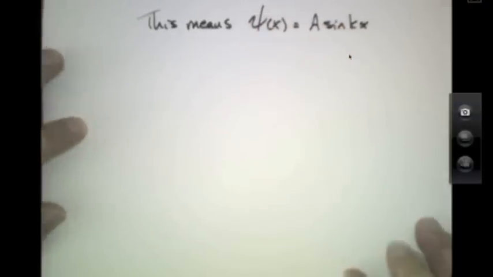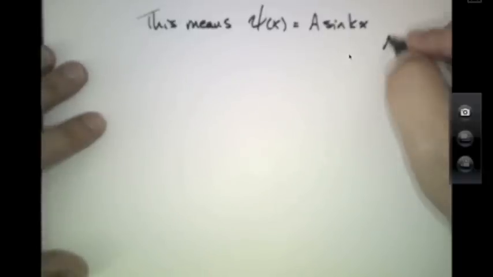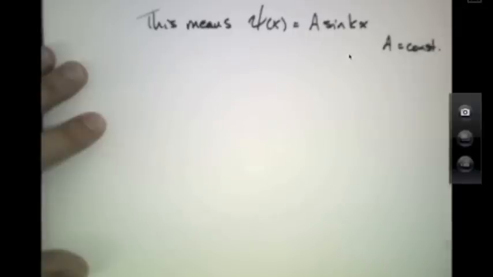I'm going to just rewrite that. The wave function is some amplitude times sine of kx. A is a constant. We don't know what it is yet.